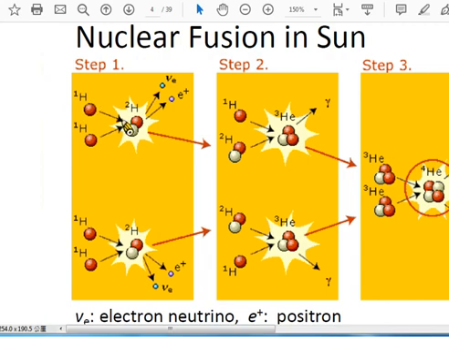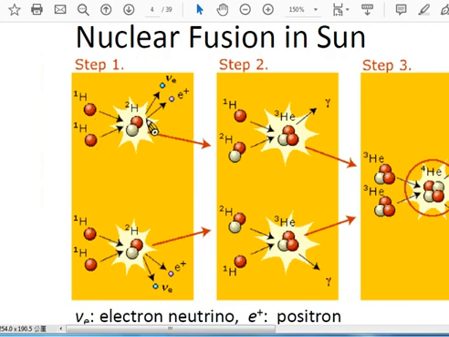So the deuterium has a larger size than the proton, but during the collision process, two protons collide together.